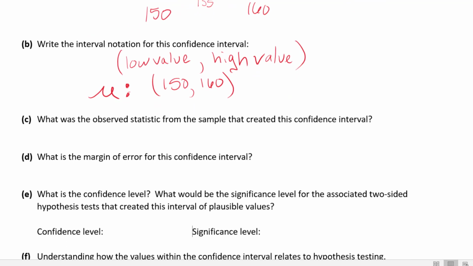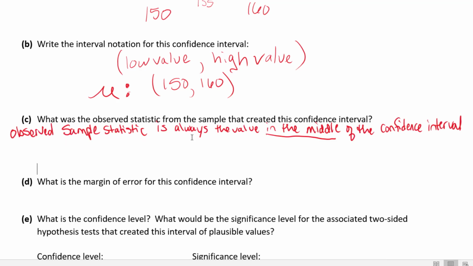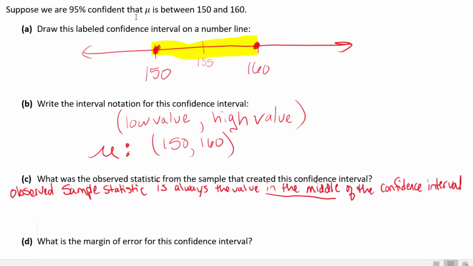Next, it asks us to identify the observed statistic from the sample that created this confidence interval. The observed sample statistic is always the value that's exactly in the middle of our confidence interval. So our confidence interval is 150 up to 160. The value right in the center of that would be 155. So our sample statistic is 155.